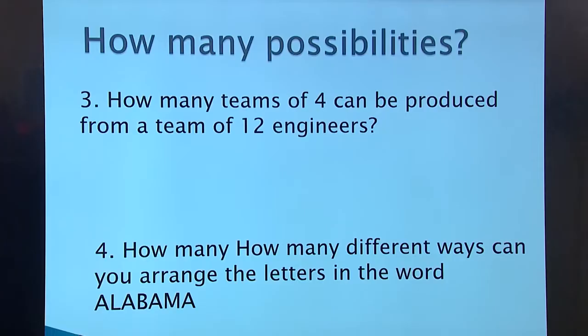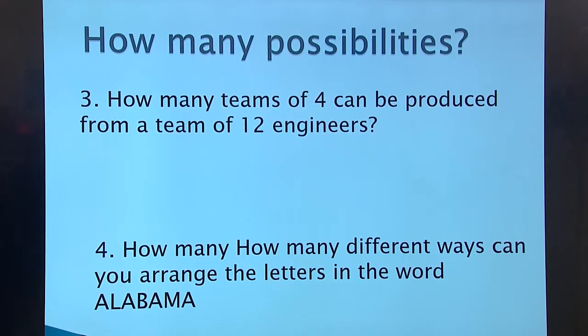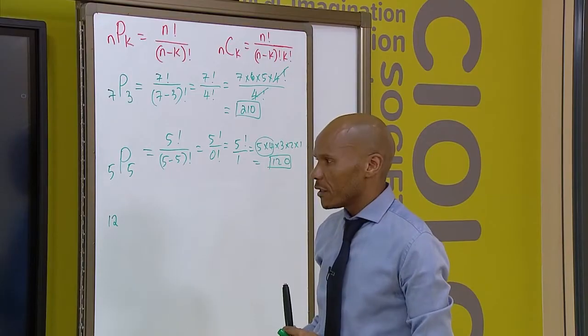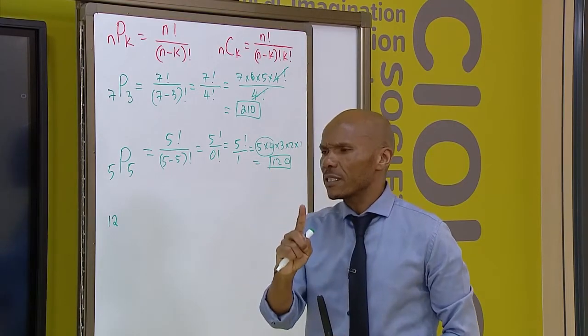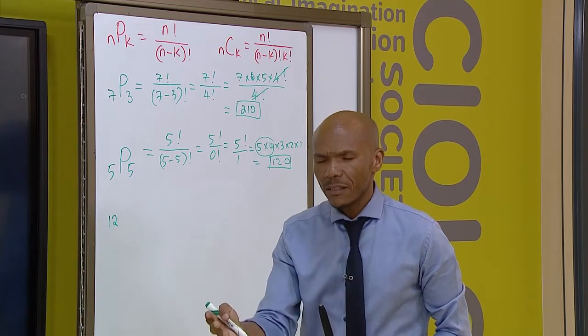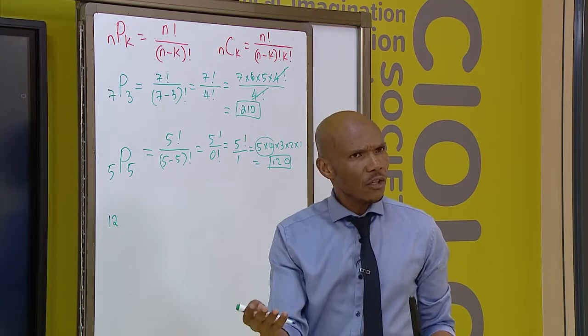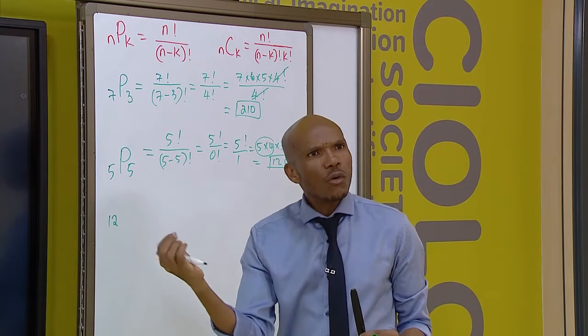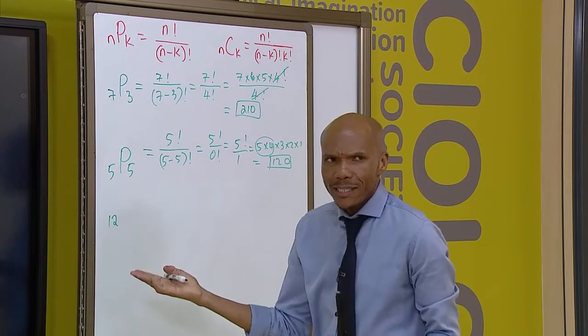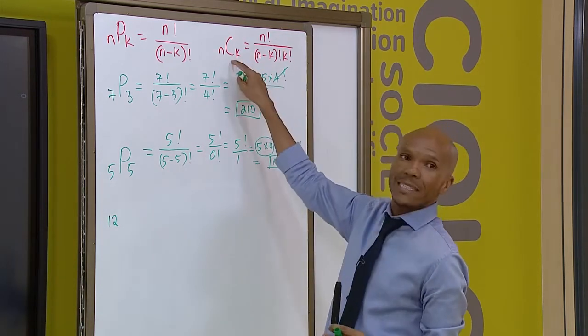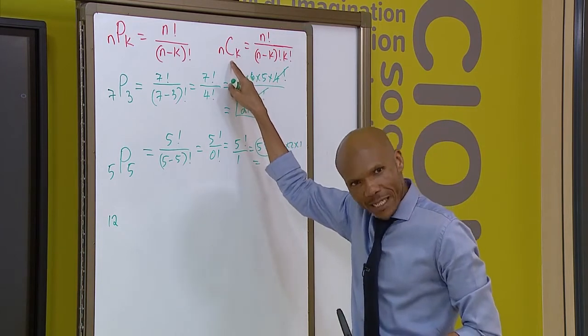Let's look at question 3. Question 3 says, how many teams of 4 can be produced from a team of 12 engineers? So the total that you have is 12 engineers. But the question we had to ask first is, does the order really matter? The order doesn't matter. You just want groups of 4. And if the order does not matter, we use combinations.